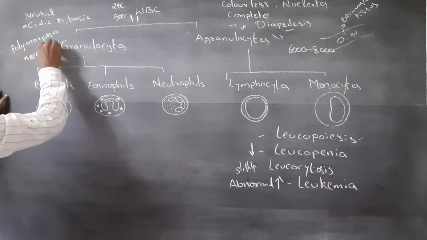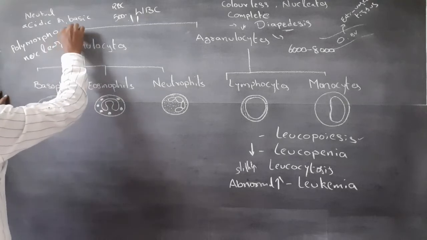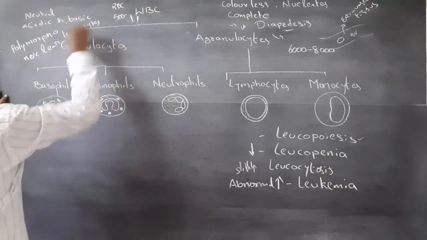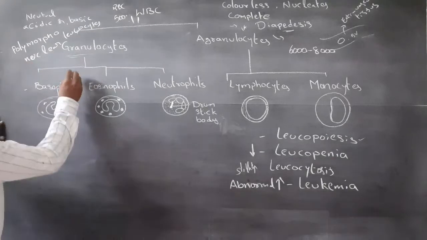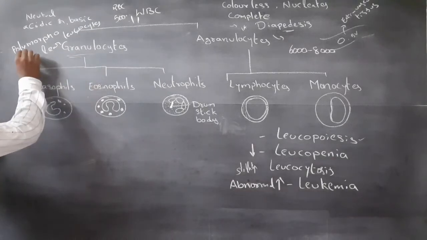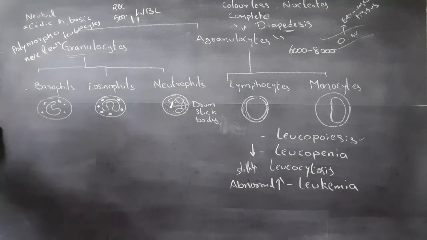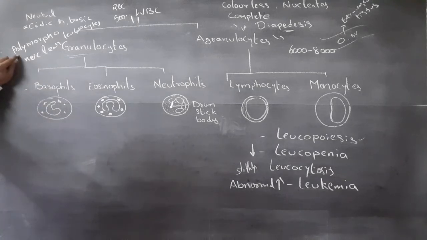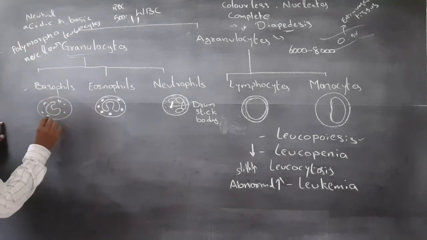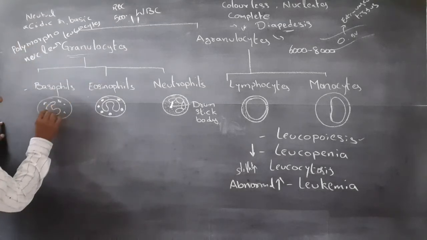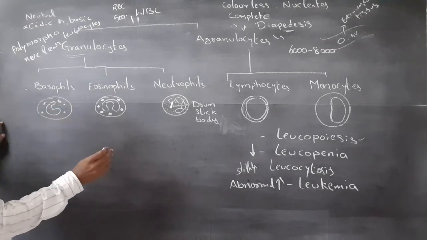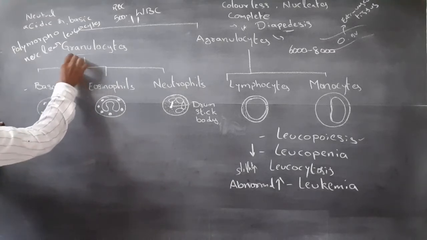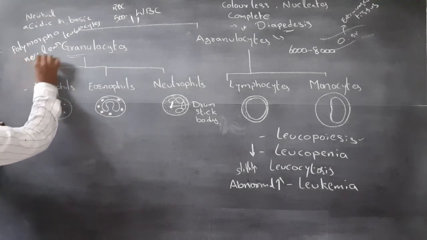Poly means many, morpho means shapes. The granulocyte nucleus is divided into many lobes, and these lobes show different shapes. So granulocytes are polymorphonuclear leukocytes.